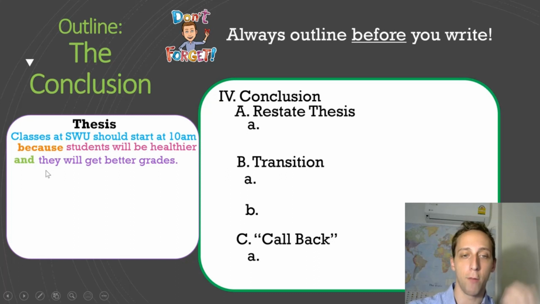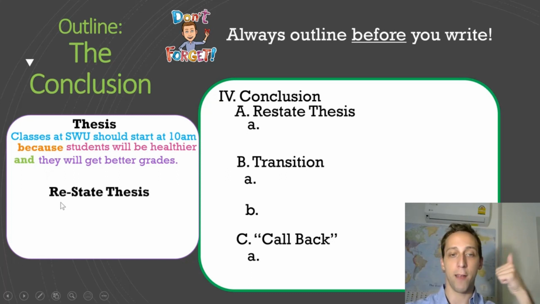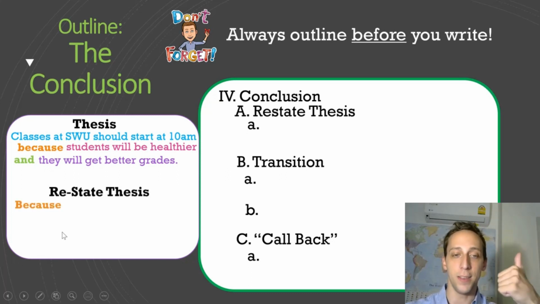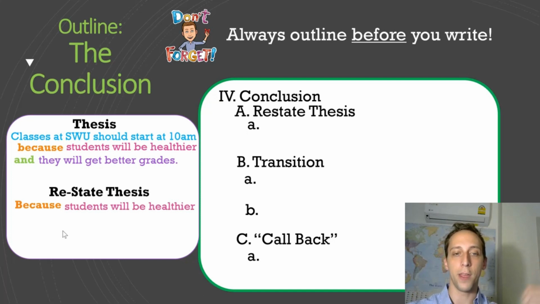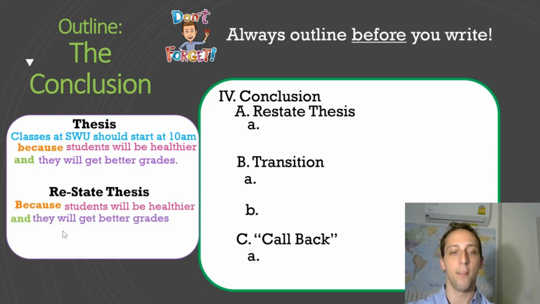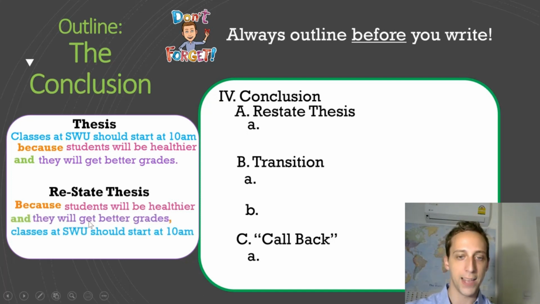I'm going to start with my reasons first when I restate my thesis, because my second half is coming first. Because students will be healthier and they will get better grades, classes at SWU should start at 10 a.m. Right? So now I just change the structure, and boom, now I have my restated thesis.